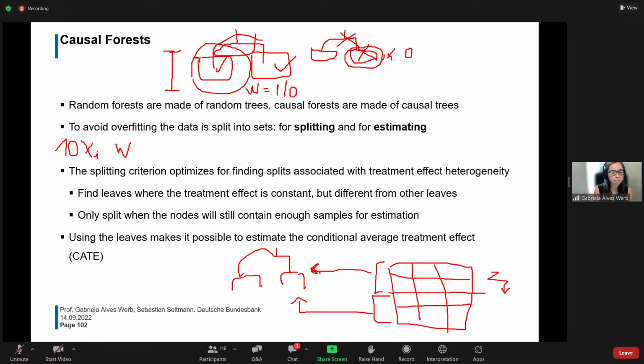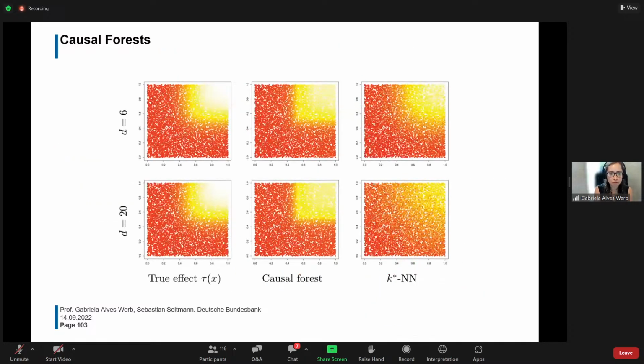And you might see here visually an example comparing the true effect, which in this case we know because this is just simulated data. We don't have this luxury in reality, but here we have simulated data, so this is the true effect. And this is comparing the effect measured by causal forest and the effect measured by using KNN.